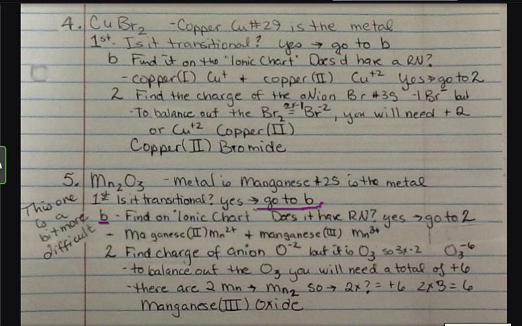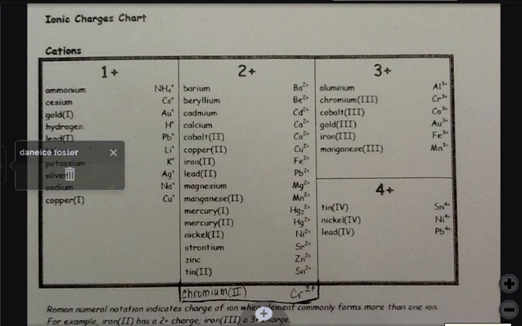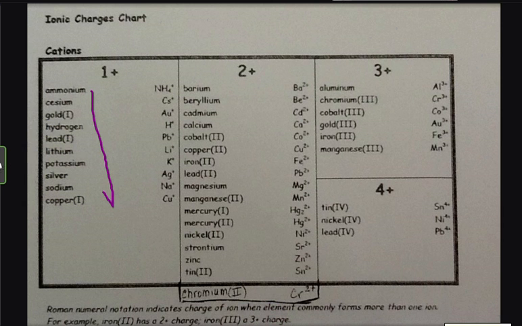B, we'll go ahead and go to our ionic chart to see if it has a Roman numeral. We are looking for manganese. Let's go down and look through group 1. There we have magnesium. Nope, not that one. There's our manganese right here. Manganese has a Roman numeral 2.